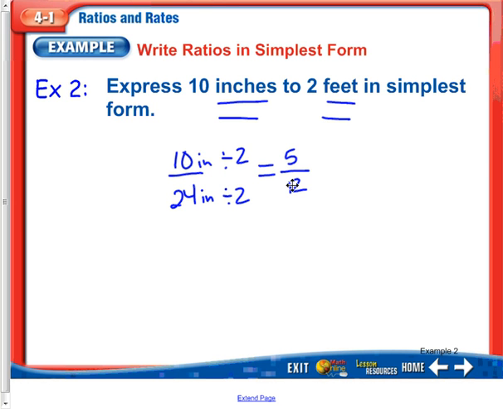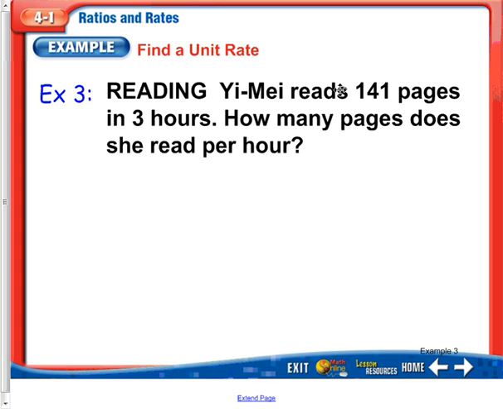So 5/12 equals 10/24. They're the same fraction, just this is the simplest form. So pretty much we say 5 inches to 12 inches, or we can say 5 inches to 1 foot, if we get it back into the original form with the common units.